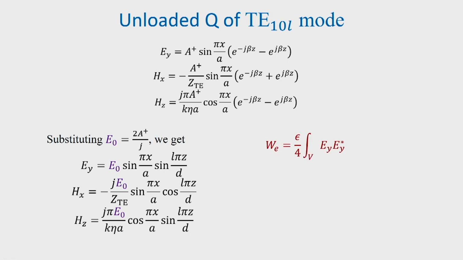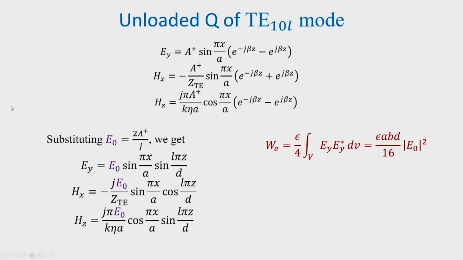what can we do? We can find the electric energy stored within the cavity in this electric field Ey, and that can be computed as epsilon by 4 times the volume integral of Ey Ey conjugate dV.